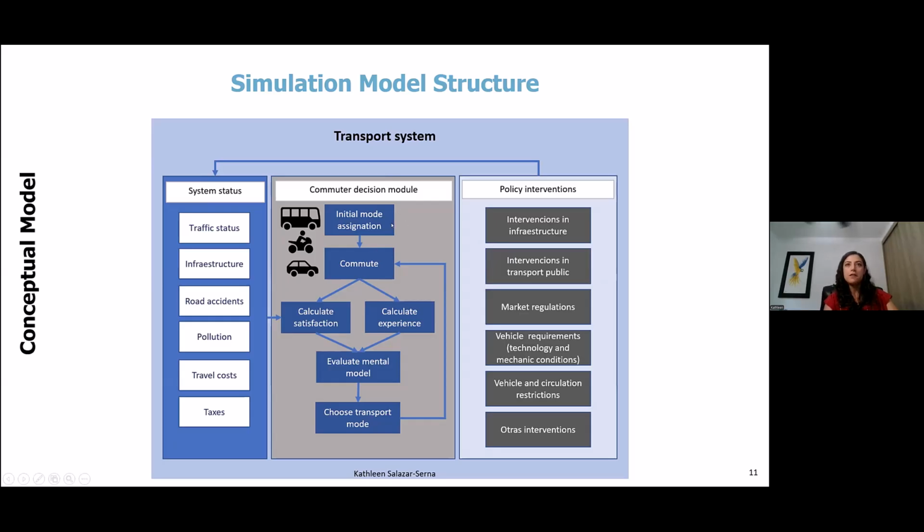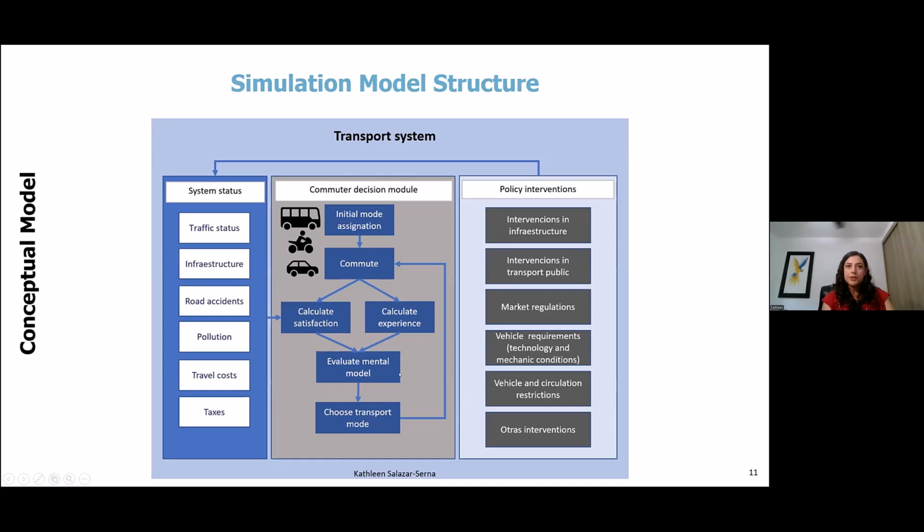So individuals start simulation with one of the three options they have. They commute from home to work or school, and after the trip, people calculate satisfaction obtained with the transportation mode they use, and also accumulate experience.